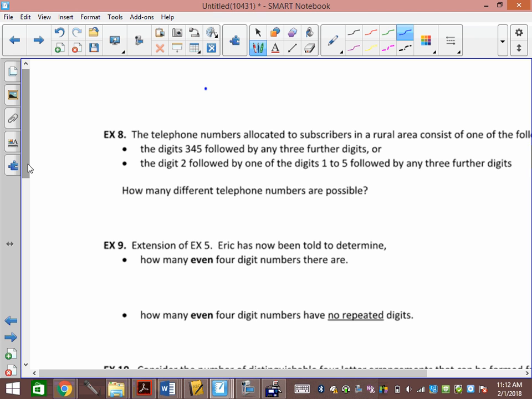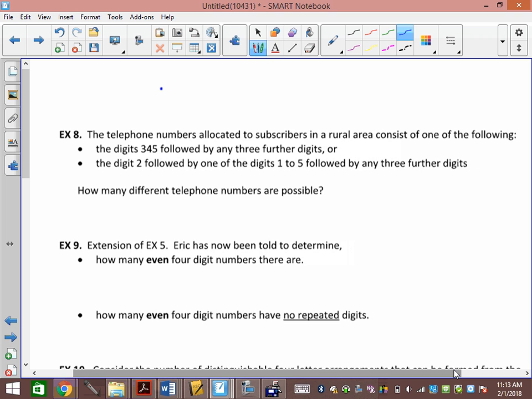We'll go through these ones and then we'll be done. Example 8. The telephone numbers allocated to subscribers in a rural area consist of the following. The digits 3, 4, 5 followed by any 3 digits. The options I have for this one are 3, 4, and 5. That's it, right? So how many options do I have for the first blank? 1. It's the number 3. How many options for the second blank? 1.